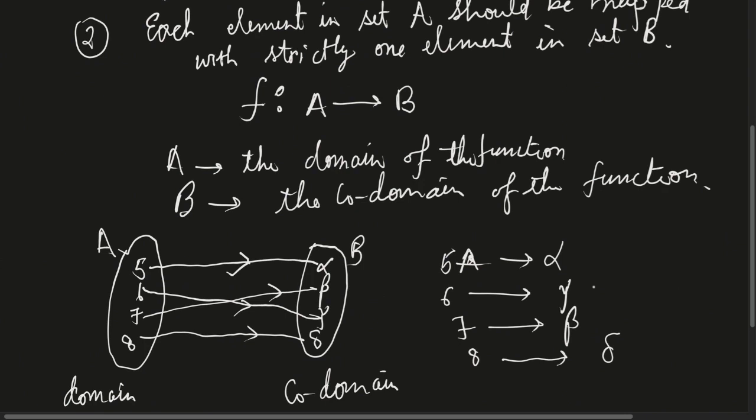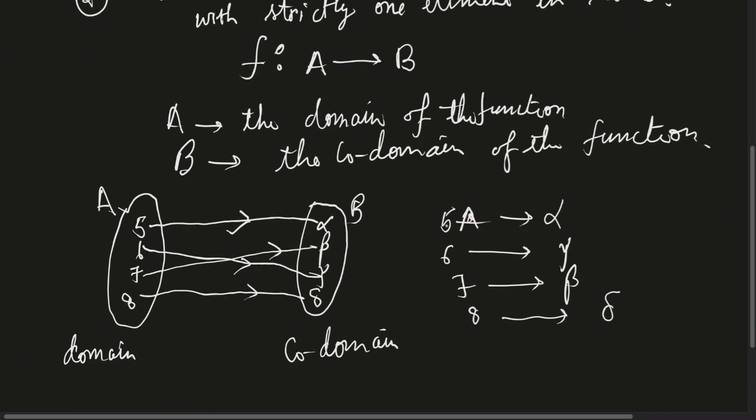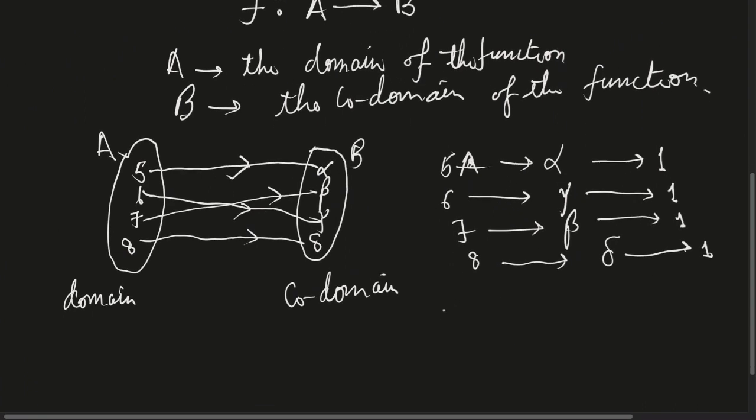So we can see that 5 is mapped with only one element in B. Similarly, all other elements in A have been mapped with only one element in set B. If this is the scenario, then this relation from A to B is called a function, and we will represent it by f from A to B.